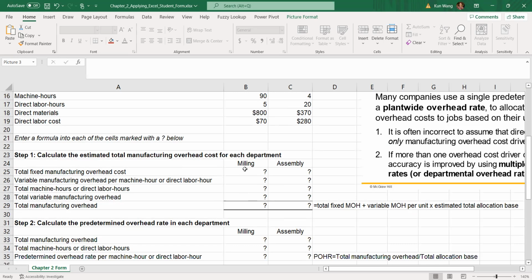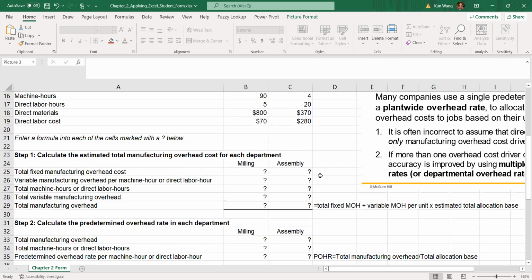Excel is still, I think, the number one sought-after skill when you're looking for a job in different majors. Most of the companies, I think I can say all of the companies, are still looking for job candidates, graduates, with strong Microsoft Word and Excel skills. So let's get started.